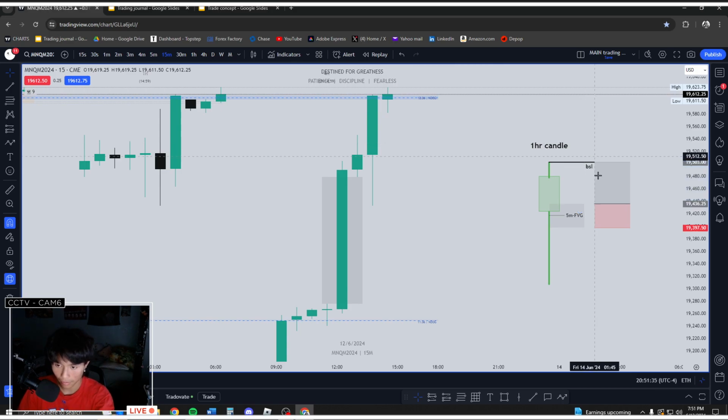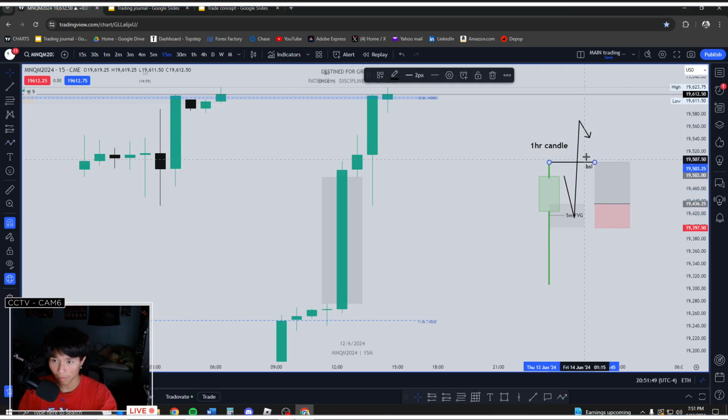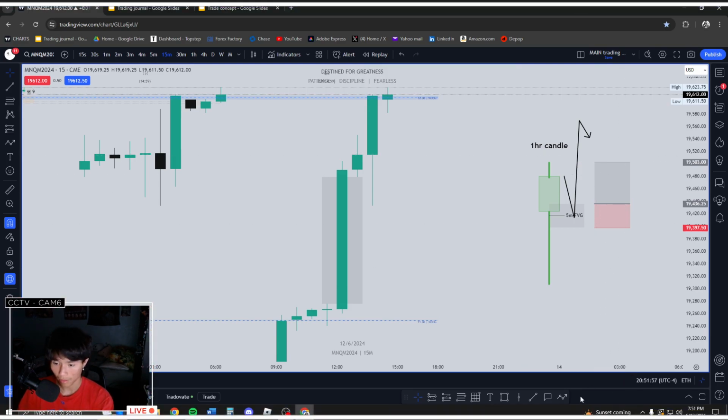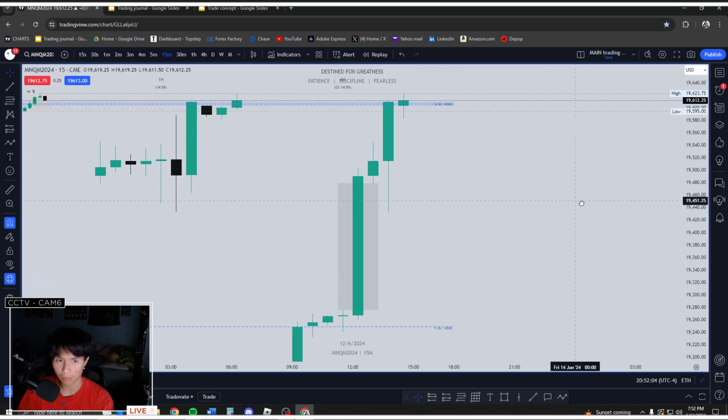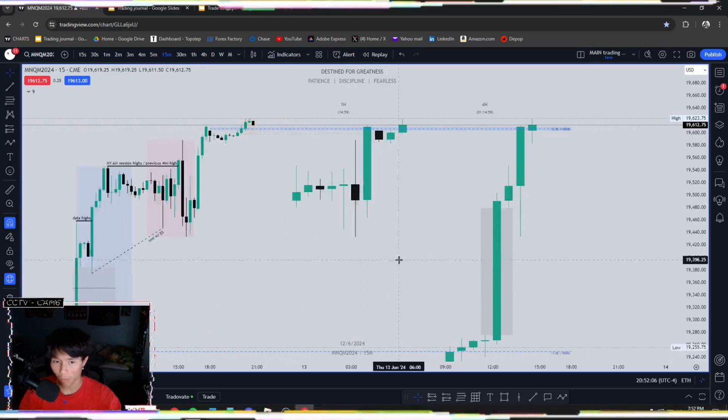Say that again. I'm anticipating the next hourly candle to have open, low, high, and then close. That's basically what power of 3 is for in my eyes. That's how I view it. You can go into further depth, because it can be more than just an hourly candle.